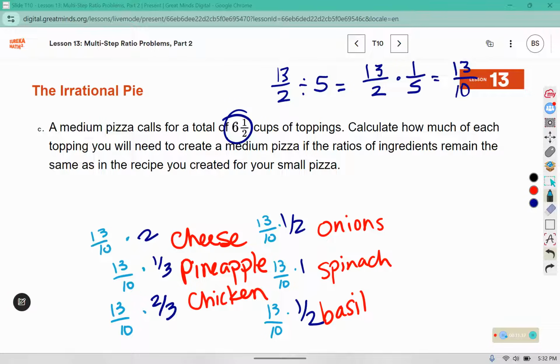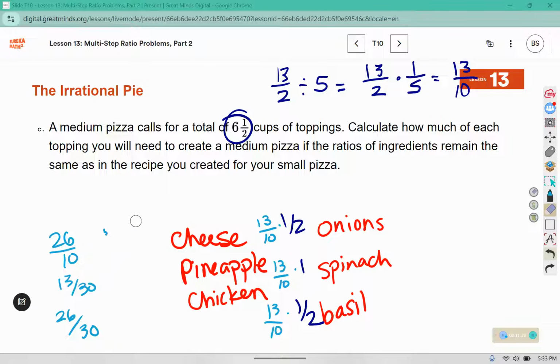All right, 13 times 2 is 26 over 10. 13 times 1 is 13. 3 times 10 is 30. 13 times 2 is 26. 3 times 10 is 30. 13 times 1 is 13. 10 times 2 is 20. 13 tenths times 1 is just 13 tenths. 13 times 1 is 13. 10 times 2 is 20.